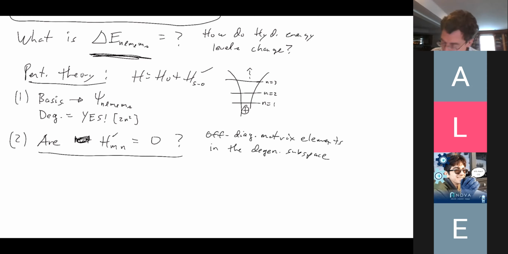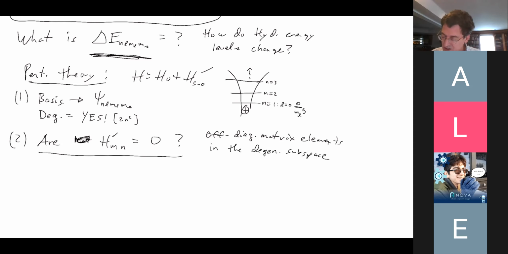That's exactly right. So we only care about the off-diagonal matrix elements in the degenerate subspace. And so here, for example, let's look at n equals 1, then we have L equals 0, and so there's only one state where I have M sub L equals 0.